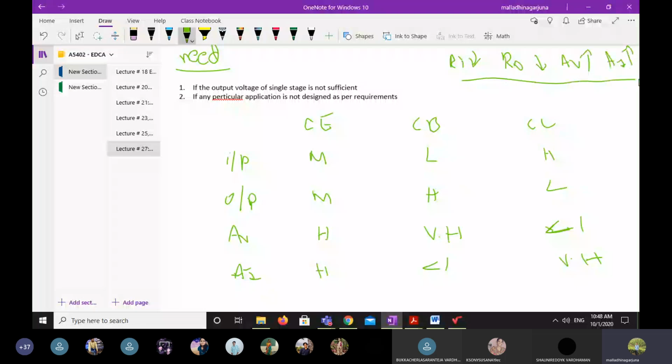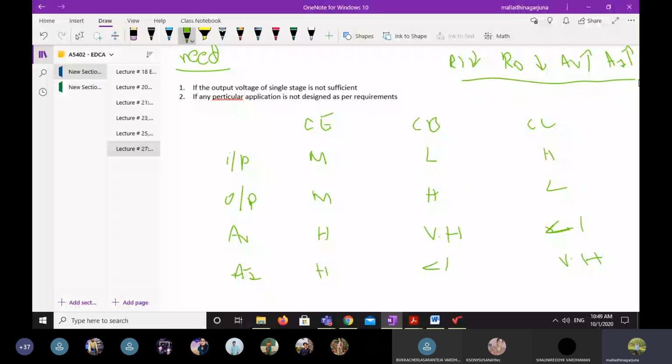Can you tell me any one single stage amplifier that satisfies my requirement? You just compare, all the characteristics of the CE, CB, CC amplifiers are available on the screen, and you can suggest one single stage amplifier which satisfies my requirement.